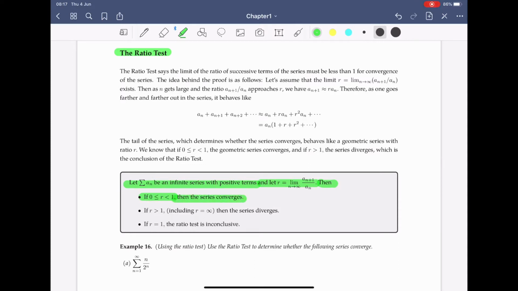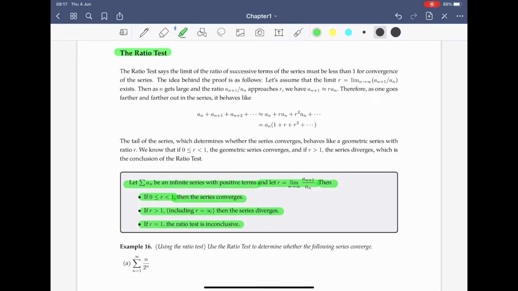If r is bigger than 1, then we conclude that the series is divergent. And if r is equal to 1, the ratio test is inconclusive. So that is the statement of the ratio test.